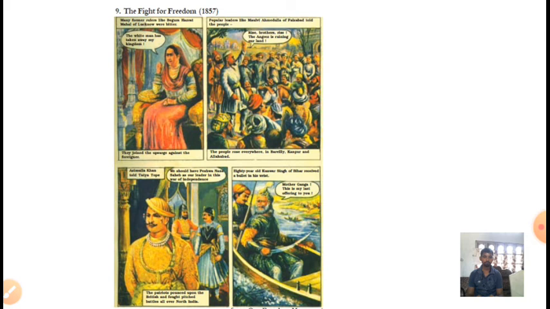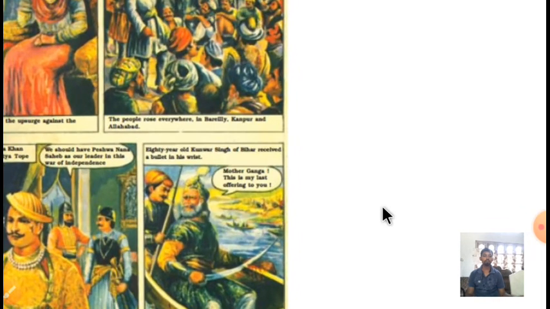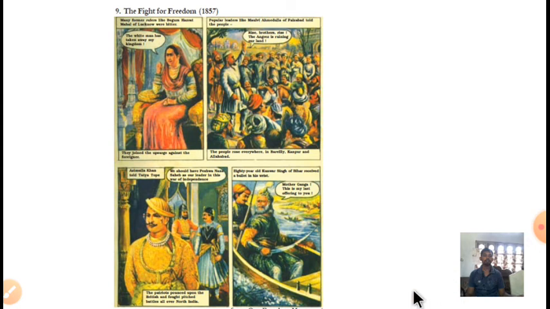Like Maulvi Ahmadullah of Faizabad, he also rose against the British and motivated the people to fight against them. Rise, brother, rise, the Angrez is ruining our land. So all of them fought against the British. You can see the pictures.